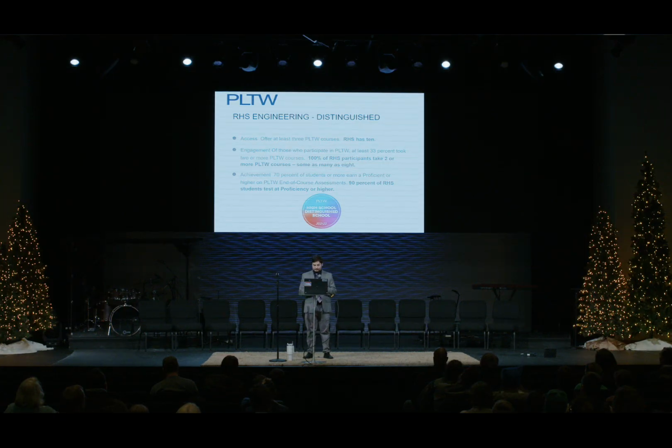Now, 70% of our students earn a proficient or higher on the end of course exam. So the way the end of course exam works, you have 4 levels. Proficient is the 3rd highest, distinguished is the highest. Okay?